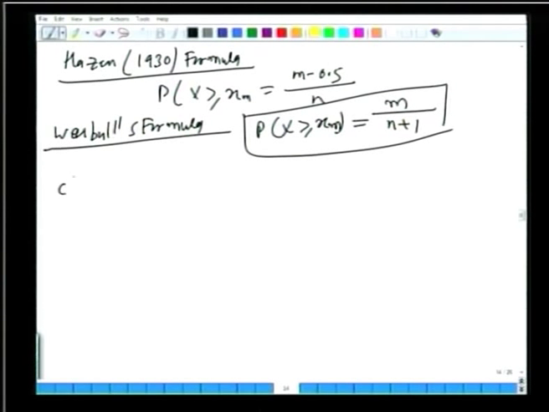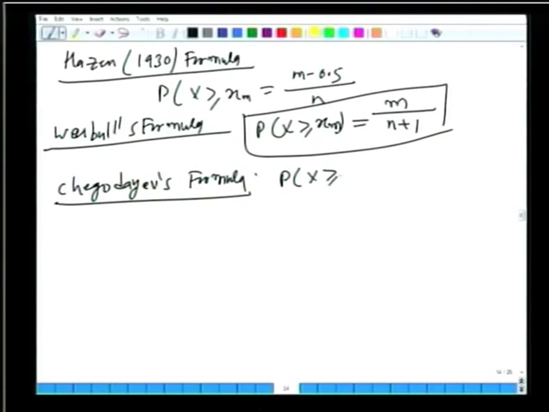Then another one is Chegodayev's formula, a Russian scientist, according to which the probability of exceedance is given by m minus 0.3 over n plus 0.4.